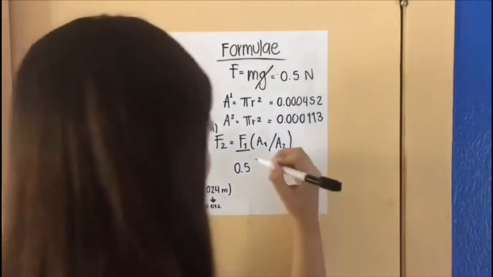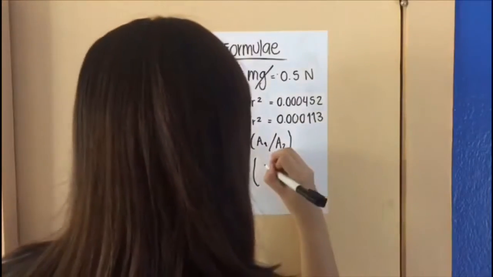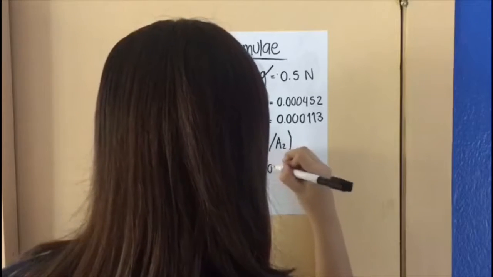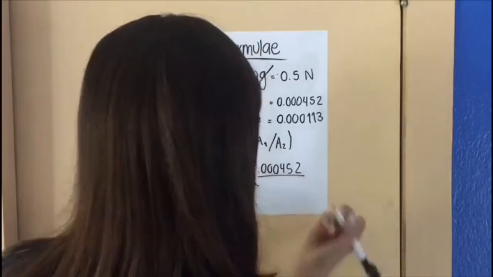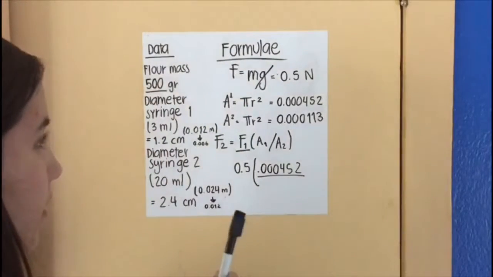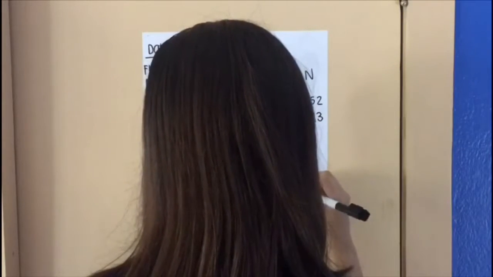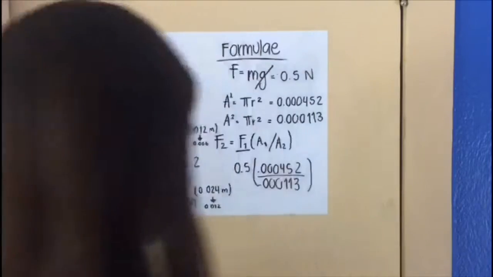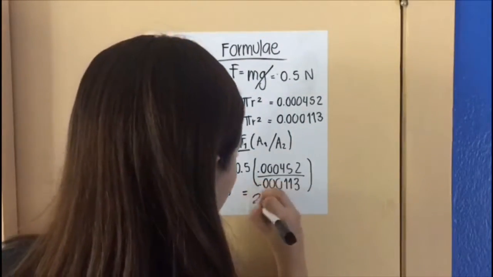Now we know that our force 1 is 0.5, our first area is 0.00452, and our second area is 0.0113, and our result is 2.